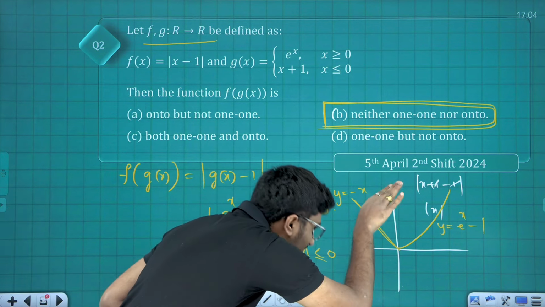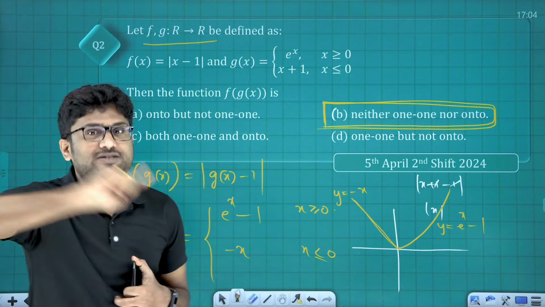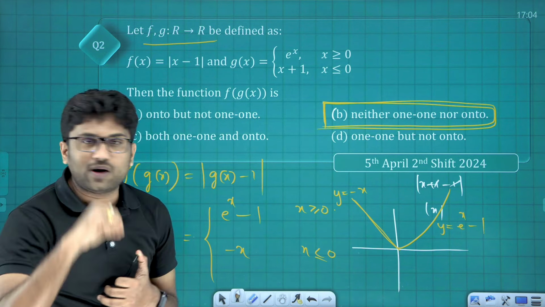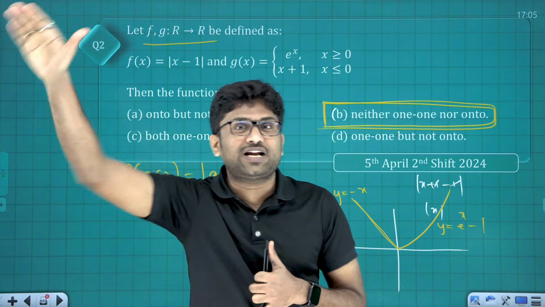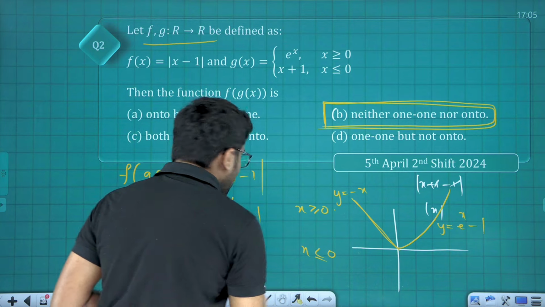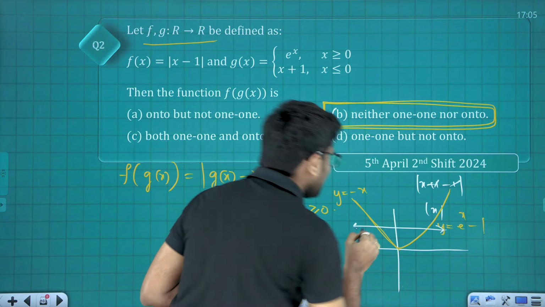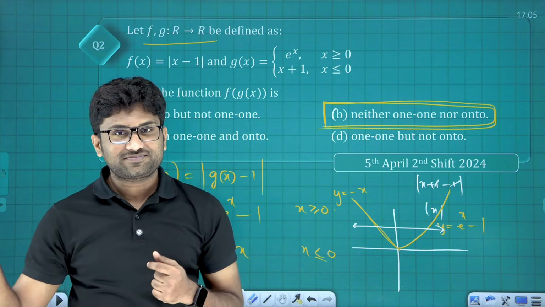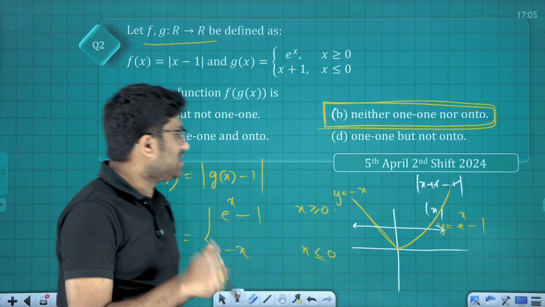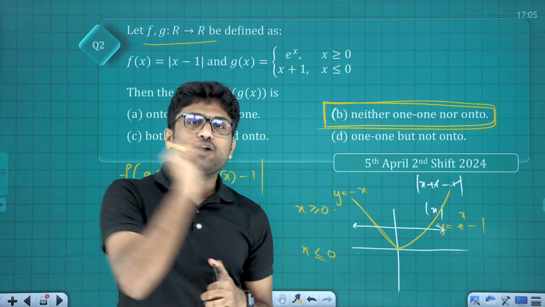This graph has nothing below the x-axis, so clearly it is not onto. Now coming to one-one function or not, we can decide whether a function is one-one or not by the horizontal line test. Now if we draw a horizontal line, it intersects at more than 1 point, hence it is not a one-one function. So hence the answer is neither one-one nor onto.